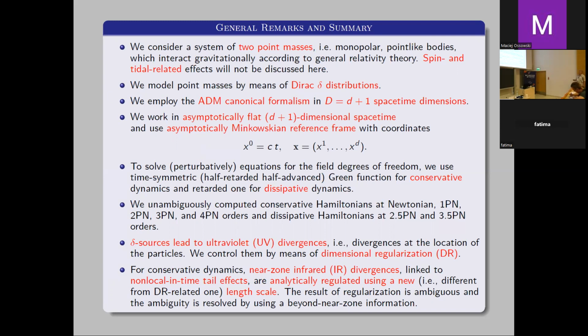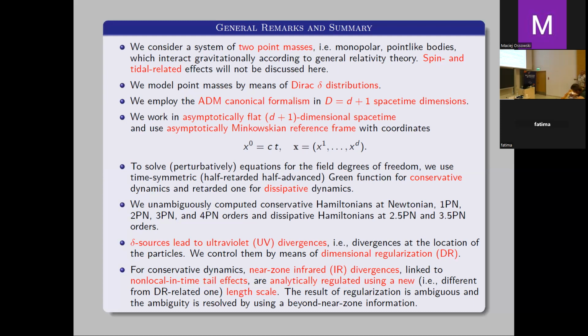There are well-developed extensions of the formalism to cover both spin-related effects and tidal interactions as well. We model point masses by means of Dirac delta distributions. So I will use the energy momentum tensor, which will contain Dirac delta distributions.